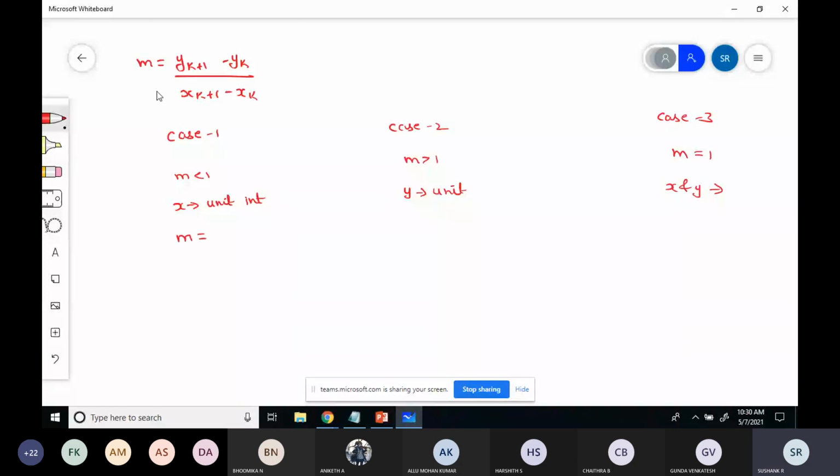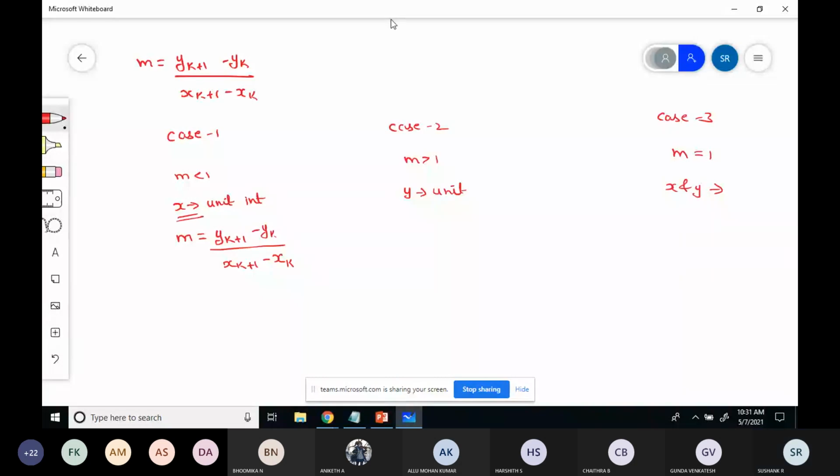So m is equal to y of k plus 1 minus yk by x of k plus 1 minus xk. Here x is moving in unit interval. In this scenario, x is moving in unit interval.